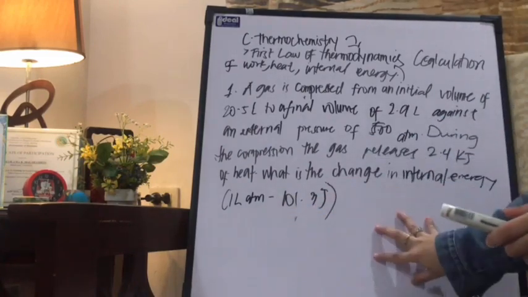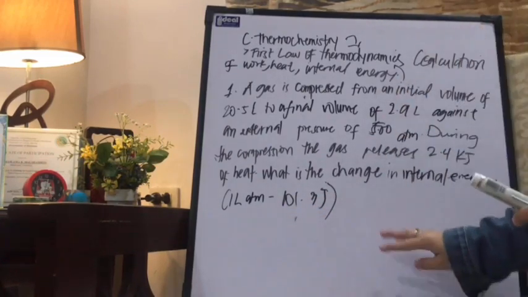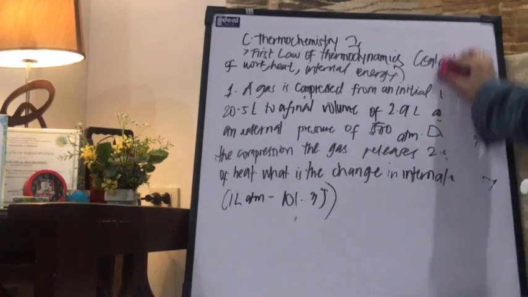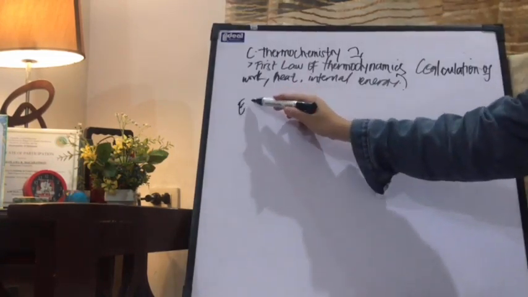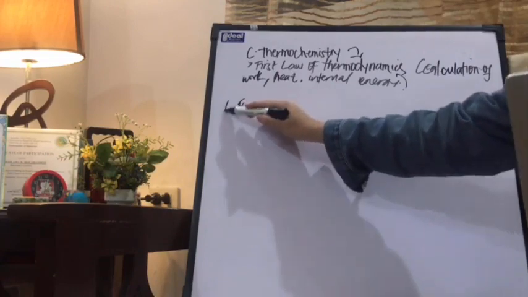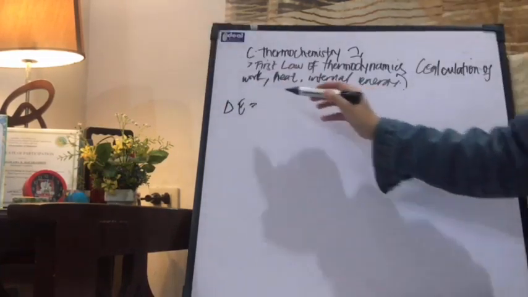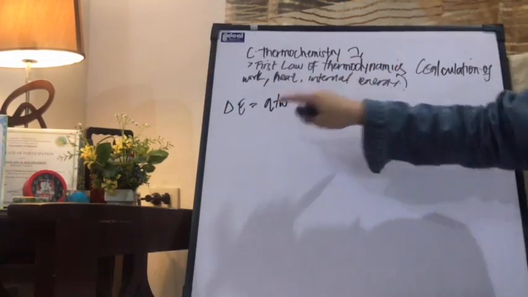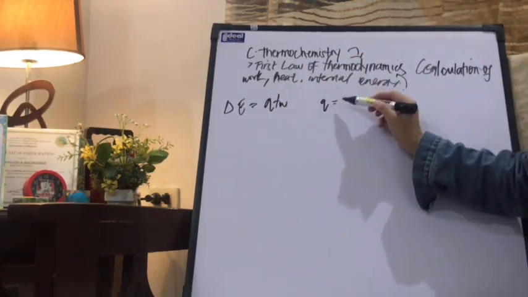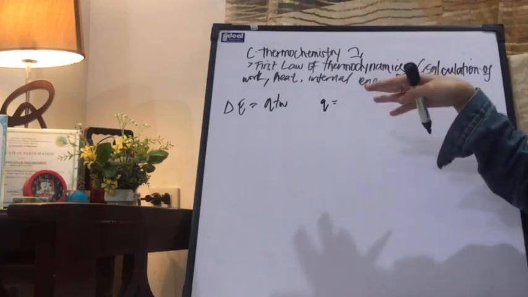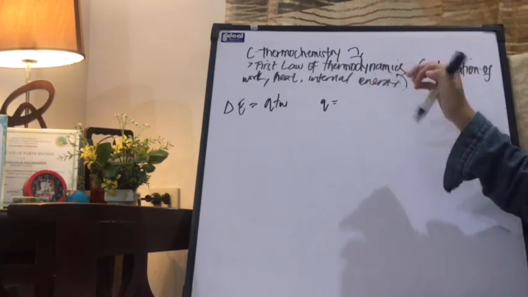So ayun siya. We'll erase this and we'll calculate and solve the equation for this problem. The change in internal energy, delta E, is equal to the heat plus the work. So let's do the heat first, Q. We're told that this gas releases 2.4 kilojoules of heat.